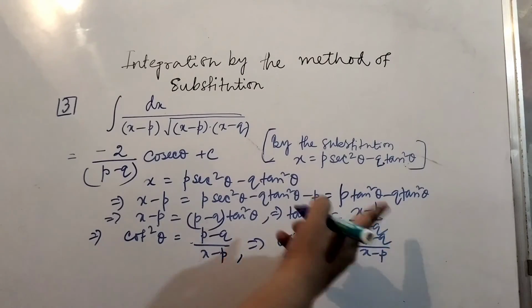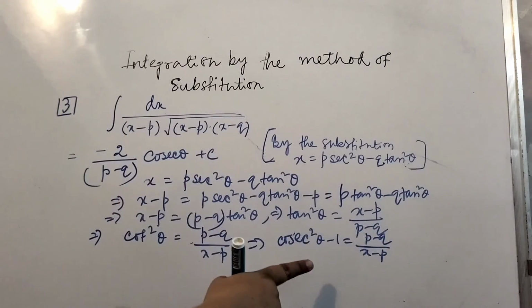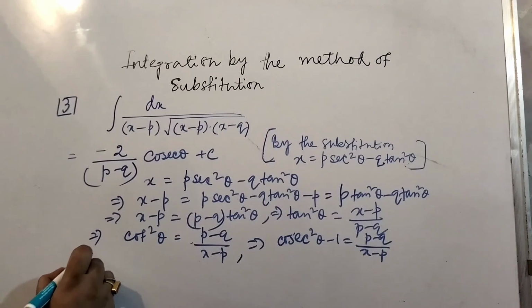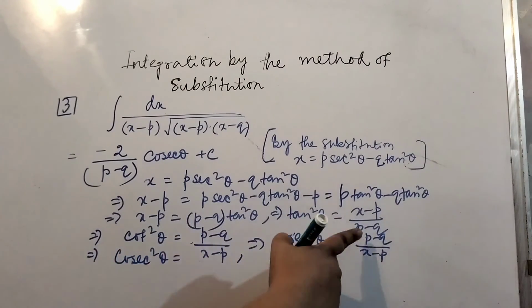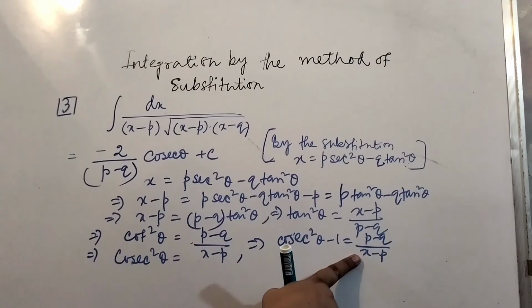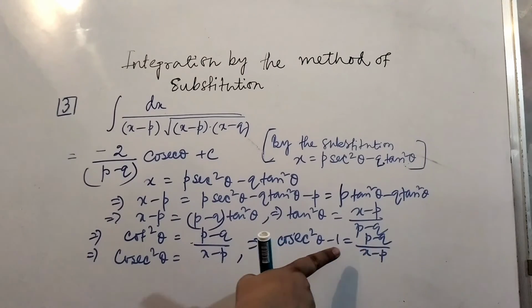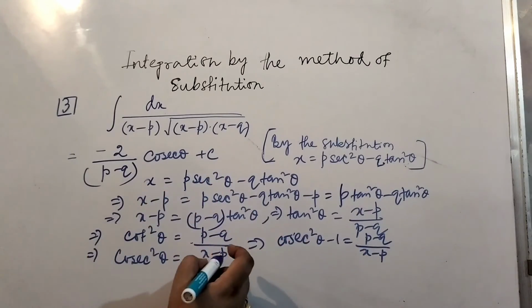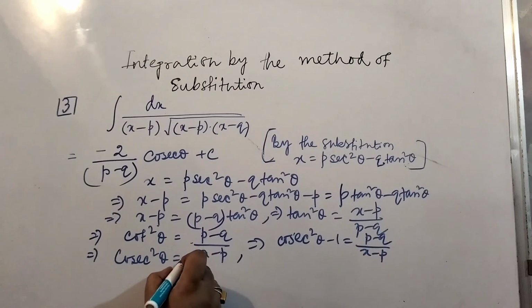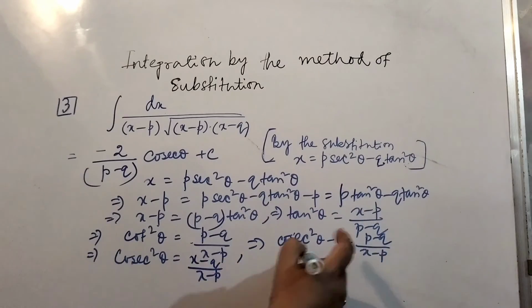And hence this 1 minus 1 can be shifted to the right hand side of the equal sign. So cosec squared theta becomes p minus q by x minus p plus 1, and hence after simplification we will find x minus q by x minus p. So this will give us x minus q by x minus p after simplification.